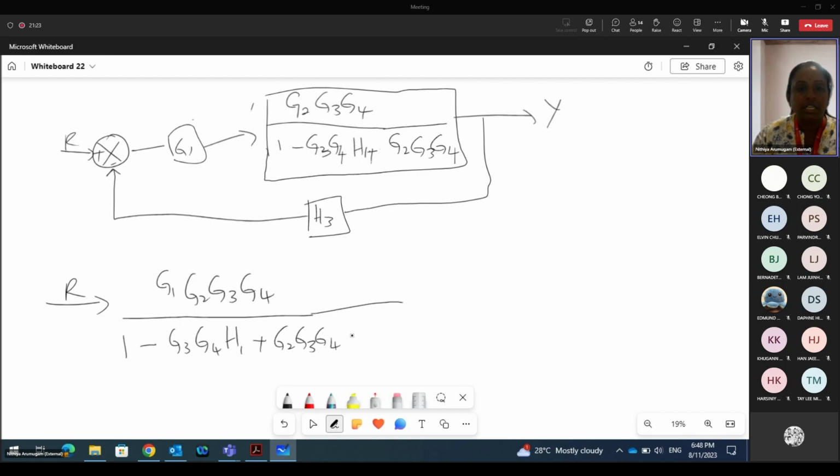The new GH will be, it's a positive sign for input, but here it is a negative sign. So it's 1 minus negative, right? So 1 minus negative GH. The current GH is G1, G2, G3, G4, H3. All right.